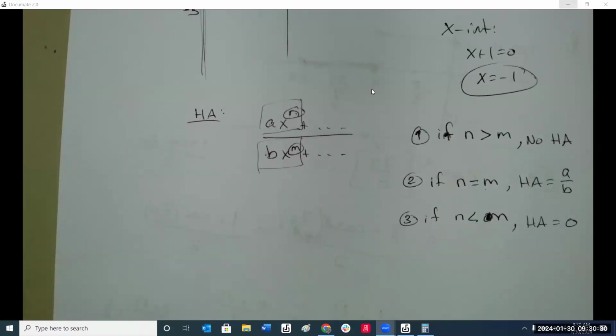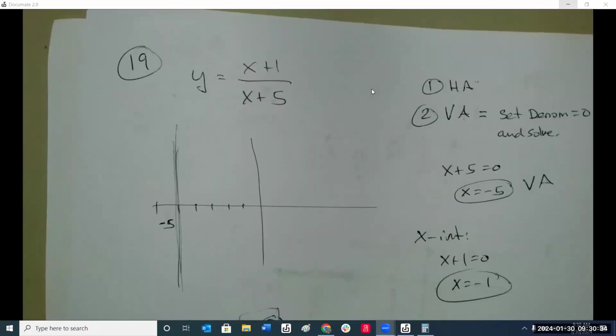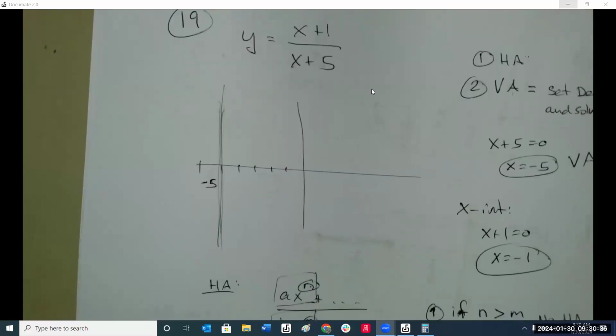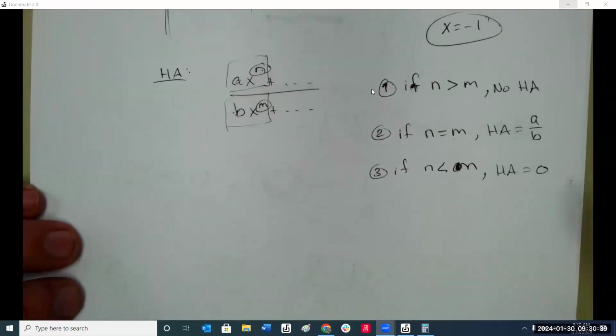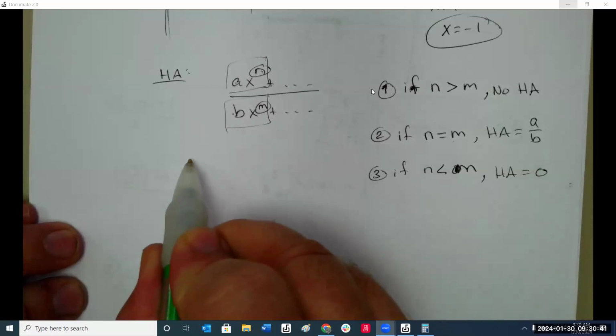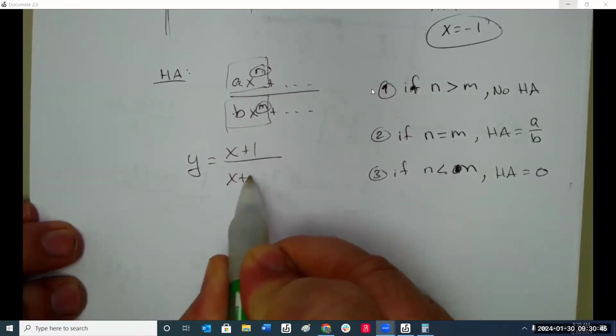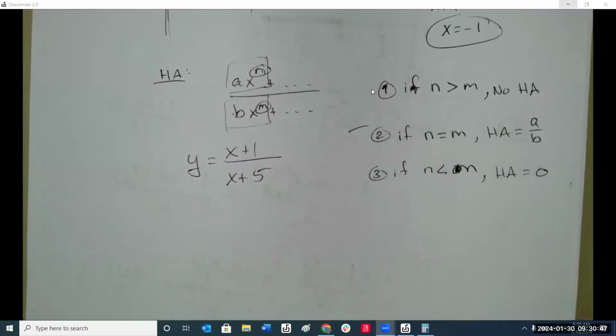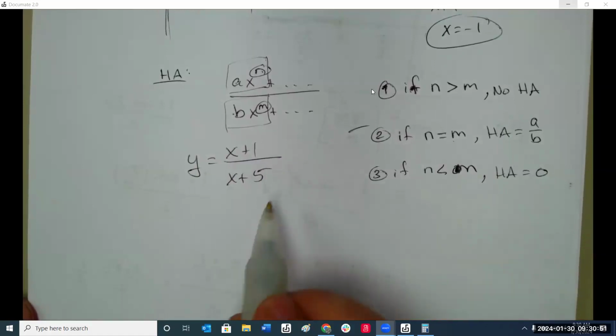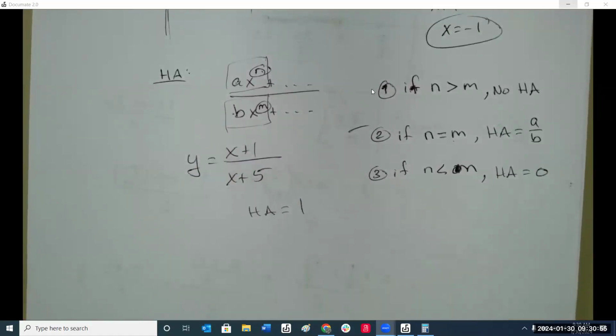So what do we know about our equation? Which one does it satisfy? Yeah, this one, but they're both equal. So our horizontal asymptote is 1.